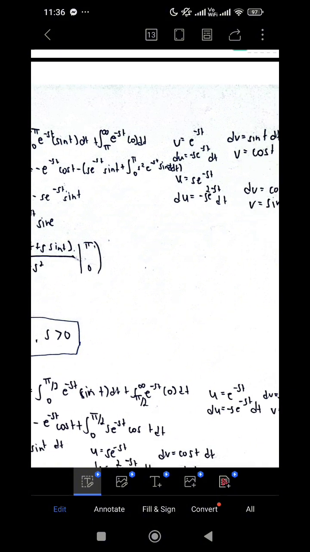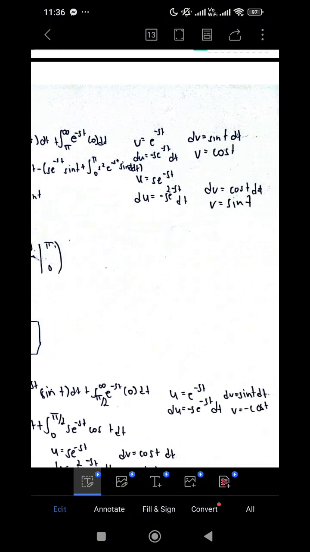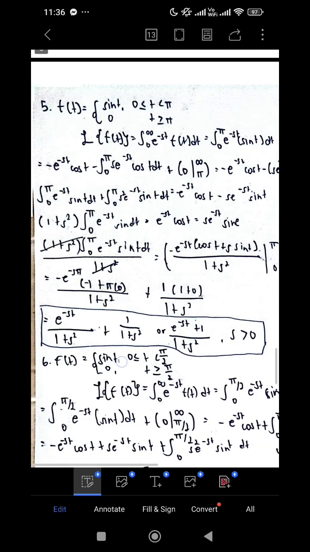And the value of u is equal to s e raised to negative st, du is equal to negative s squared e raised to negative st dt.